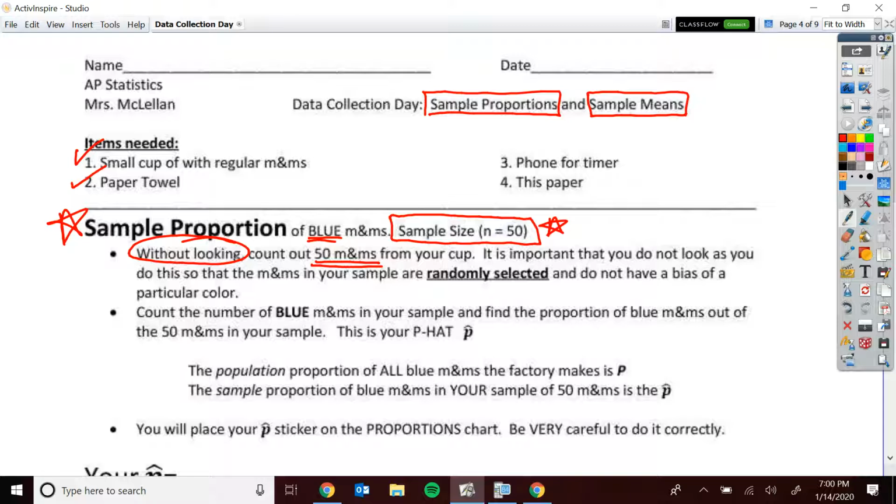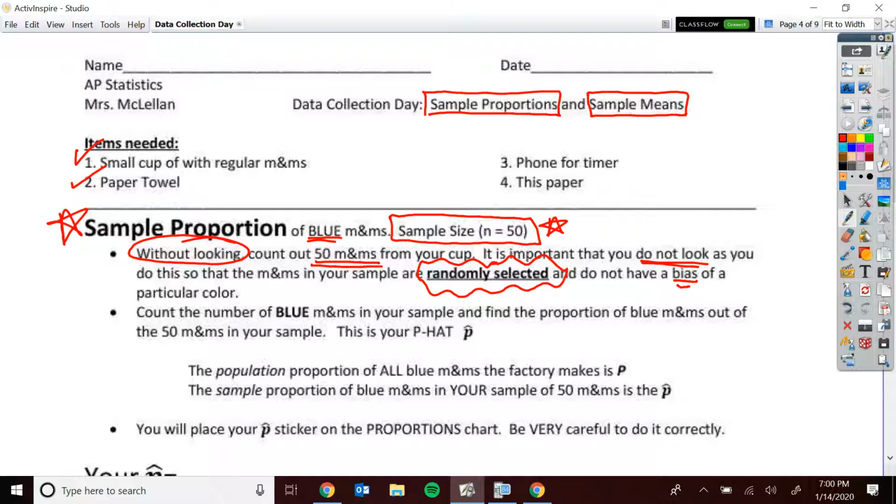It is important that you do not look as you do this so that your M&Ms are randomly selected and do not have a bias of a particular color. For example, if you know that I'm going to be finding the proportion of blue M&Ms, then you may subconsciously be picking out more of the blue M&Ms without even knowing it. So, without looking, count your 50 M&Ms.